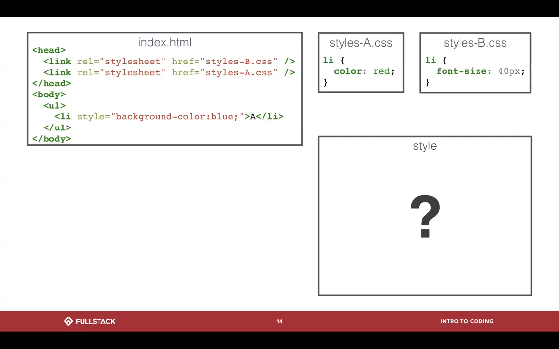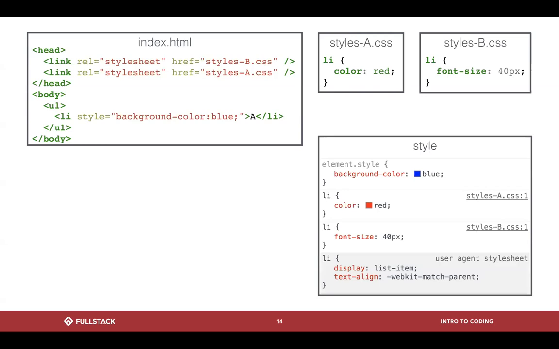Style sheet B also selects all list items and changes their font size to 40 pixels. So both of these are going to apply. Styles A and B both match the item. They get combined, and the result is that this list item gets a color of red and a font size of 40.